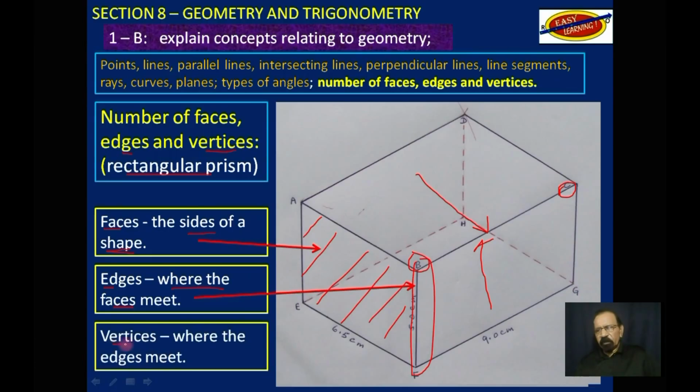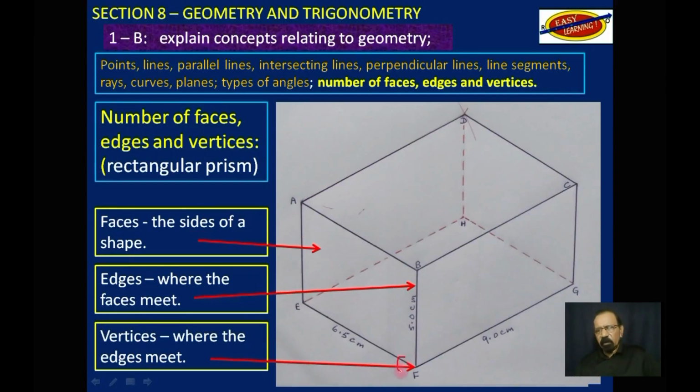And vertices are where the edges meet. As you could see down here at F, you have 3 edges meet there. This one, and that one. And of course, at A here, you also have 3 edges meeting at that point, and that point A will be called a vertex.